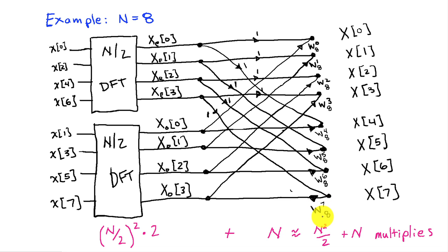We can pre-compute those W terms, so in each of these cases we just multiply by this number, so there's a total of N multiplies because there are N different outputs here. When you combine these together, you see that you have N squared over 2 plus N multiplies. And that's compared to starting with N squared multiplies. So if N is large, we've cut the number of multiplications required in half by splitting the sequence up into even and odd index terms and doing a smaller DFT of each of those and combining it later.